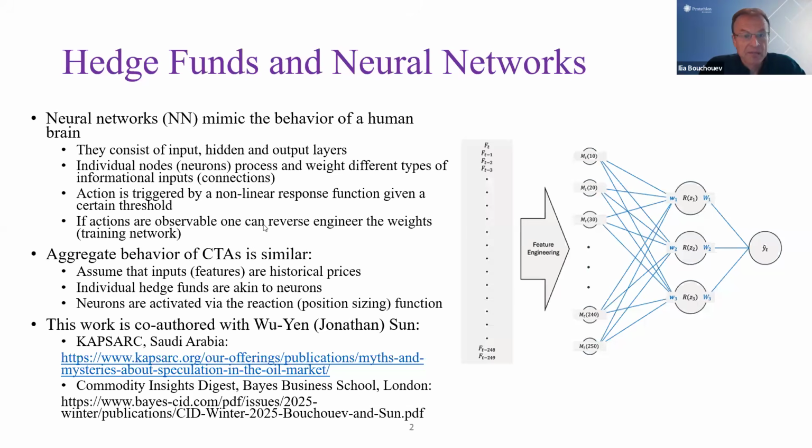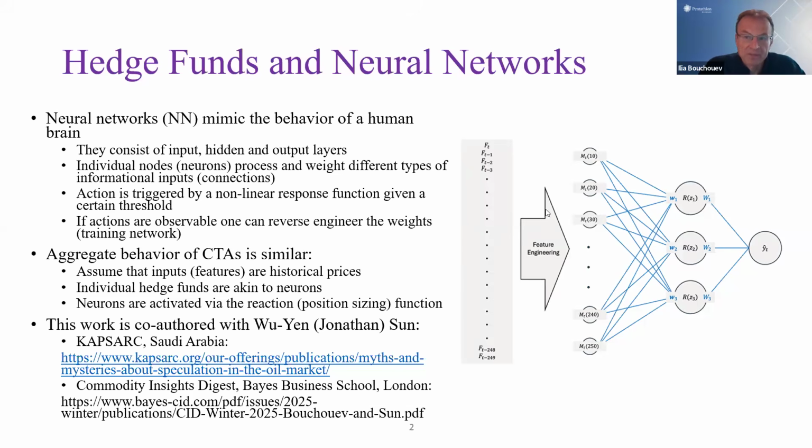The idea here is that if the actions are observable, that becomes a behavioral pattern. Then we can reverse engineer the weights that the human brain assigns to certain actions by comparing inputs and outputs and trying to reverse engineer what's inside our brain.